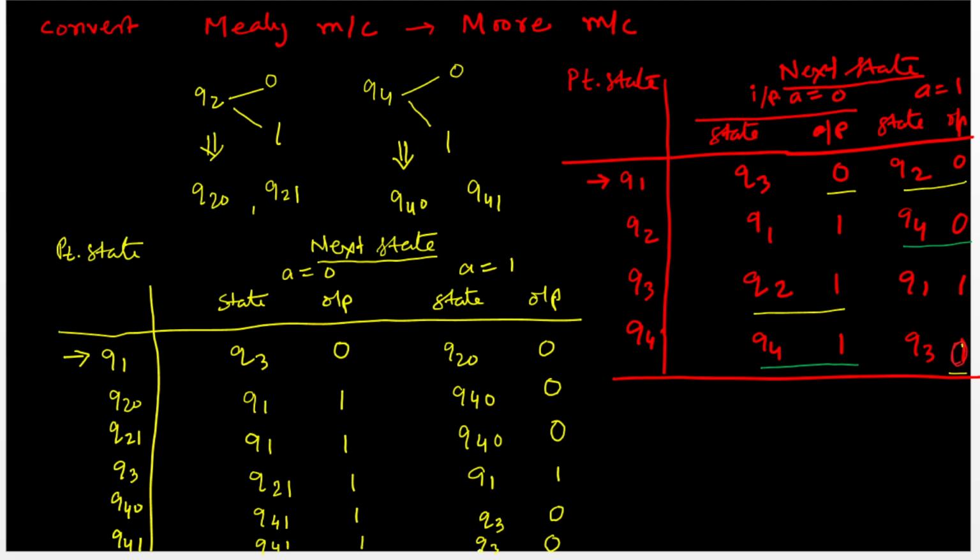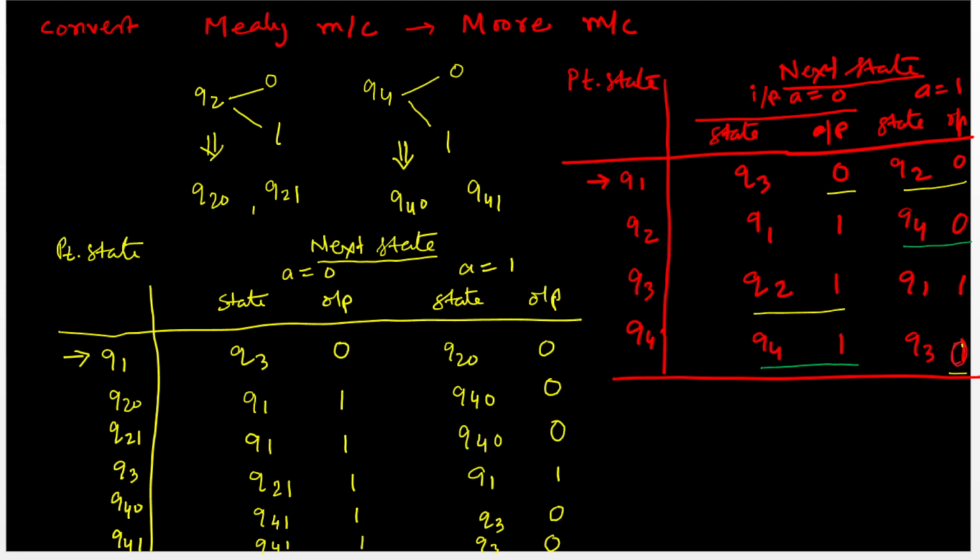So now the concept is basically the Mealy machine, as we have shown that the output depends on the present state and the present input, but in case of Moore machine, output depends only on the present state. Right?